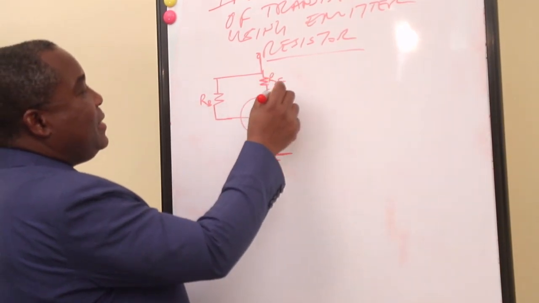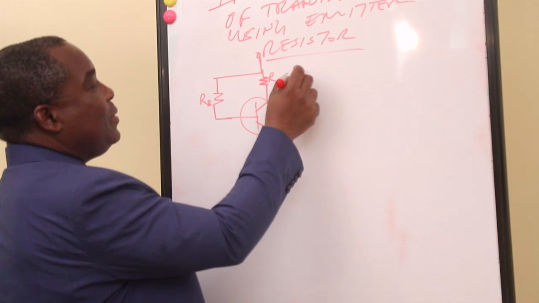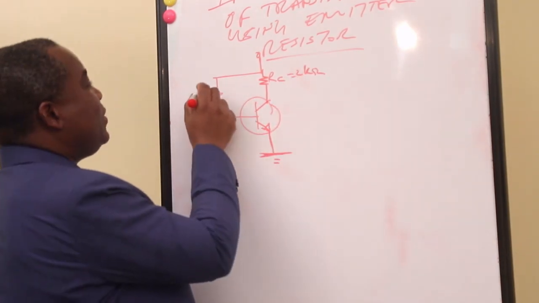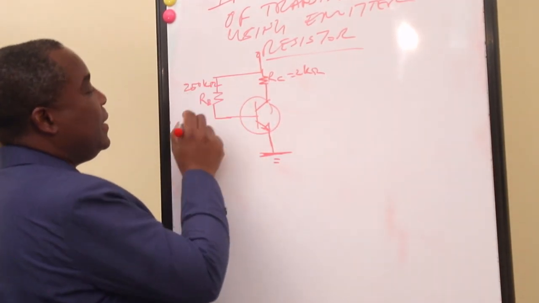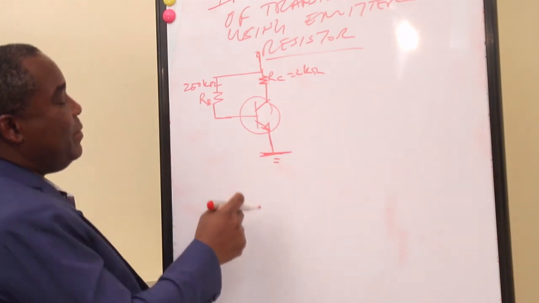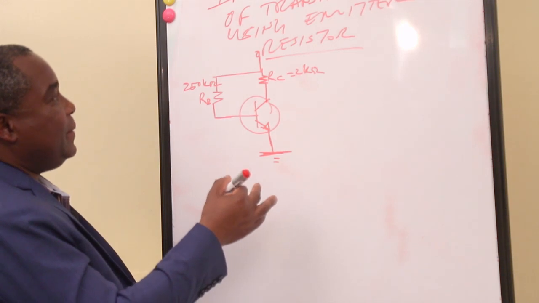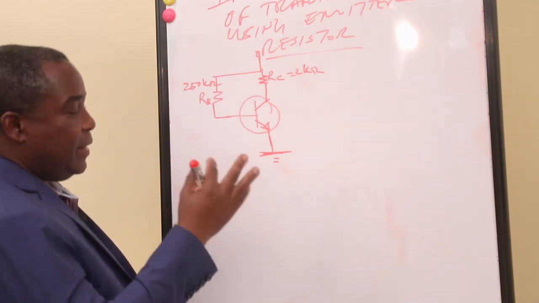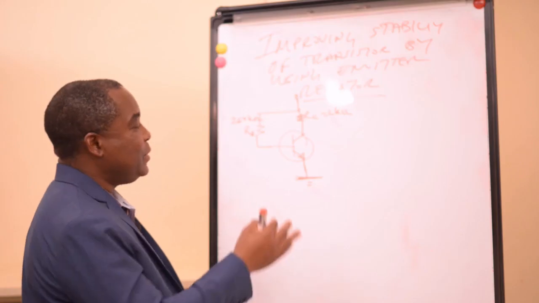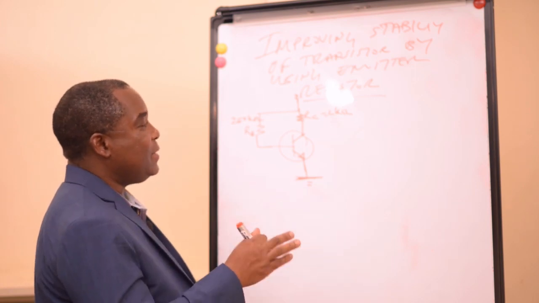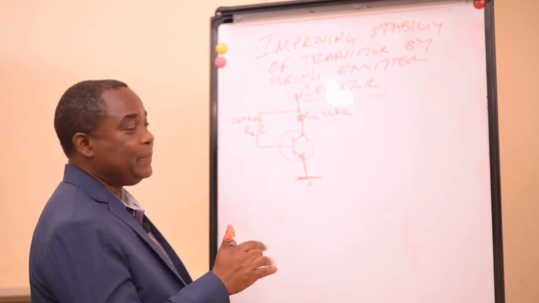Let's put our values. RC is 2 kilo ohms. RB is 250 kilo ohms. We don't have an emitter resistor here. So we'll find the values, and in a second case, we'll put a resistor and see how the stability of the transistor will be.